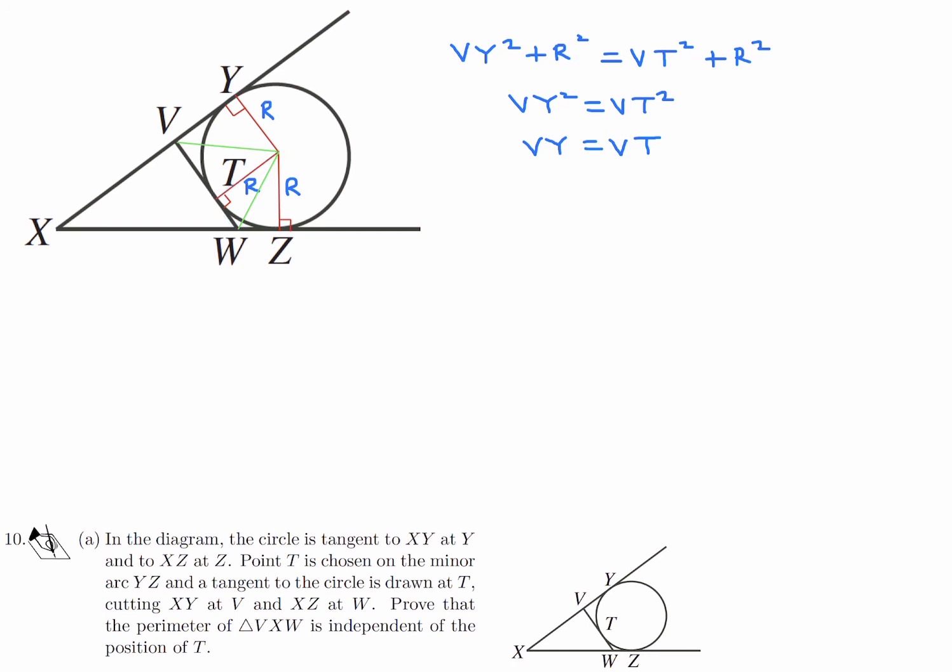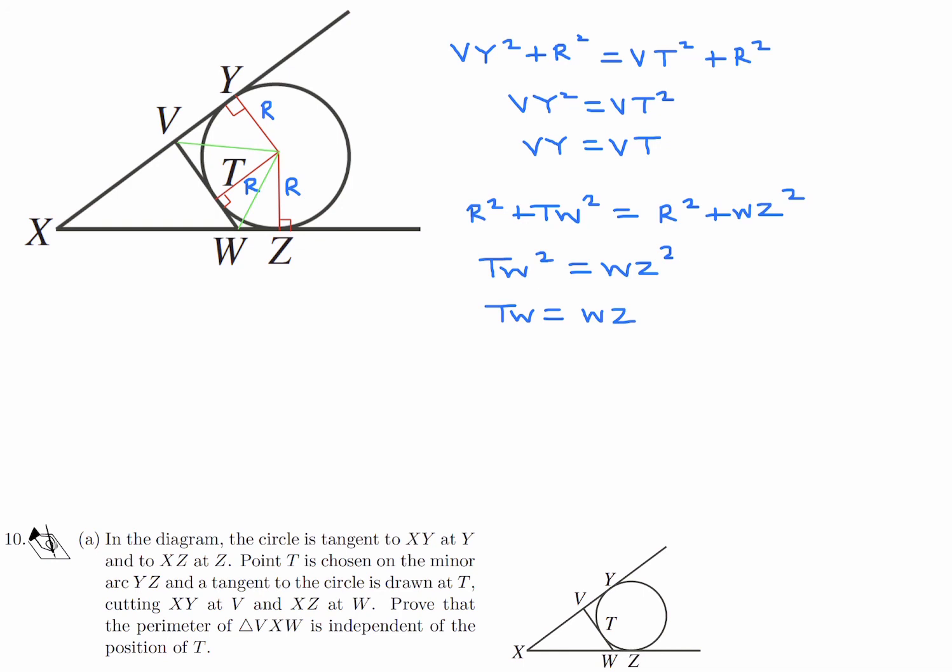From the first one, we get that R squared plus Tw squared is equal to R squared plus Wz squared, correct? Because both of them share the same hypotenuse. R squareds cancel, so that just leaves me with Tw squared is equal to Wz squared. And if you take the square root, you get Tw is equal to Wz.